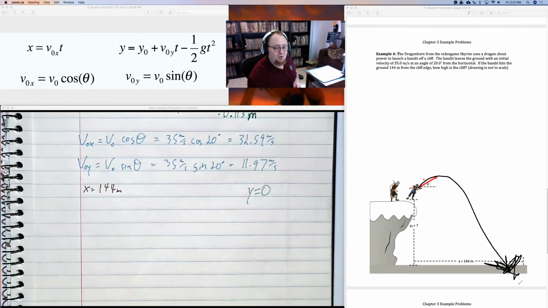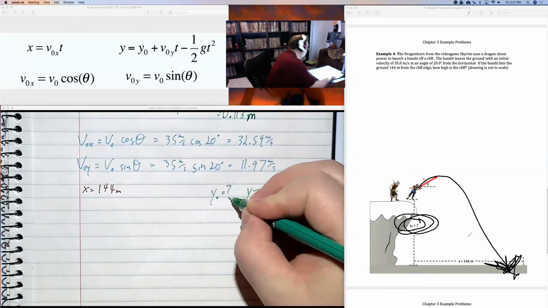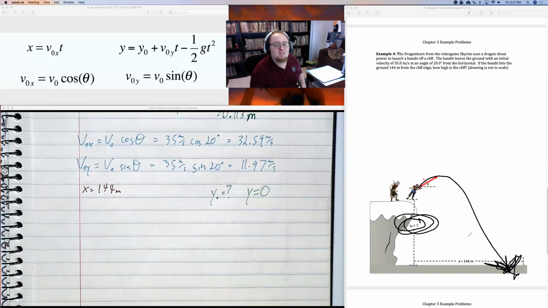What I don't know here is y naught, the question mark on the figure. This is the same as not knowing y. If I ask for y naught instead of y, it's solved the same way. I know x, I'll use x to get time. Once I get time, I can plug into my y equation, just solving for y naught instead of y this time.